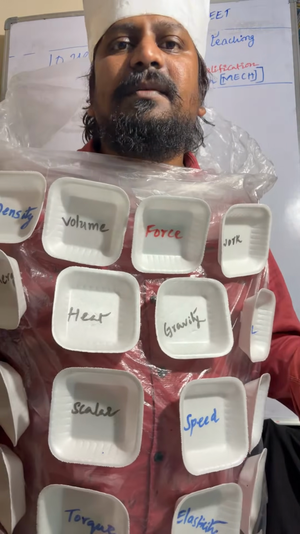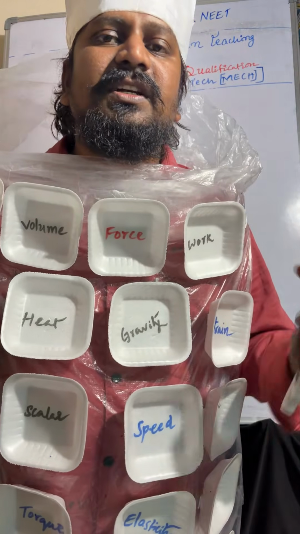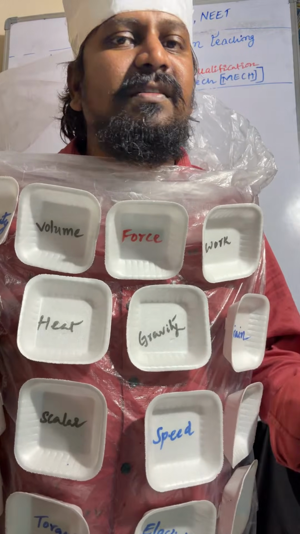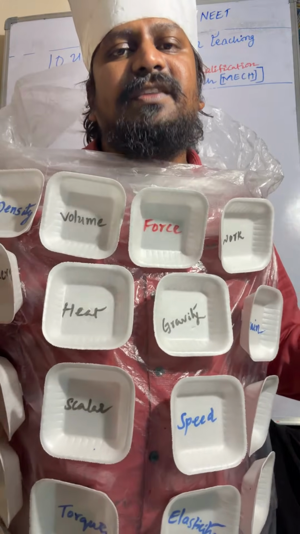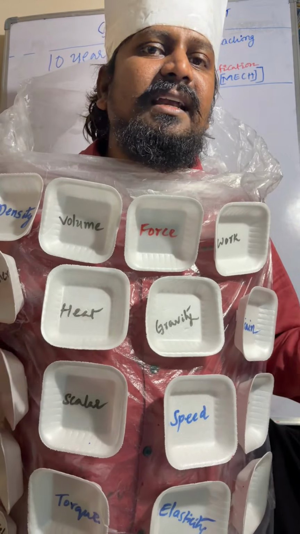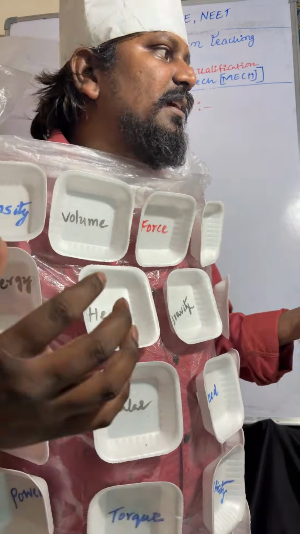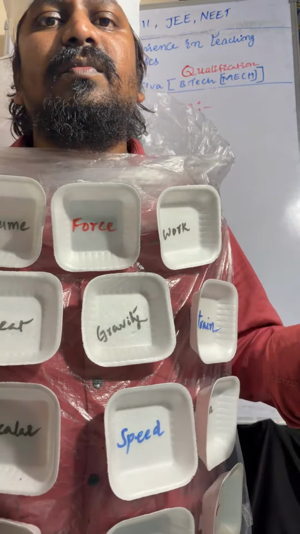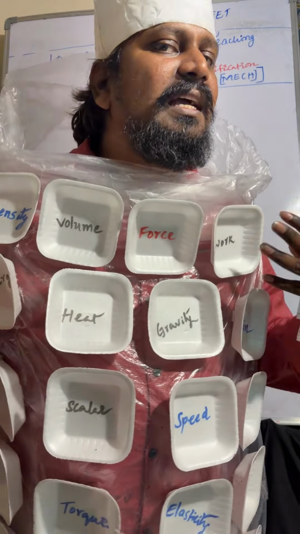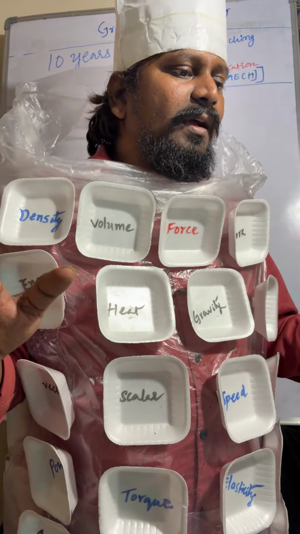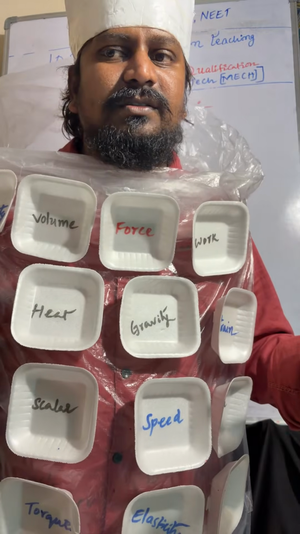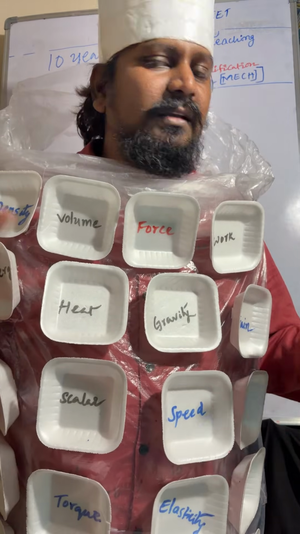So there are three types: inertia of rest, inertia of motion, inertia of direction. As I said, inertia of rest means that unless an external force acts, the body does not move from its position. That is the rest position. The best example: fruits are on a tree.